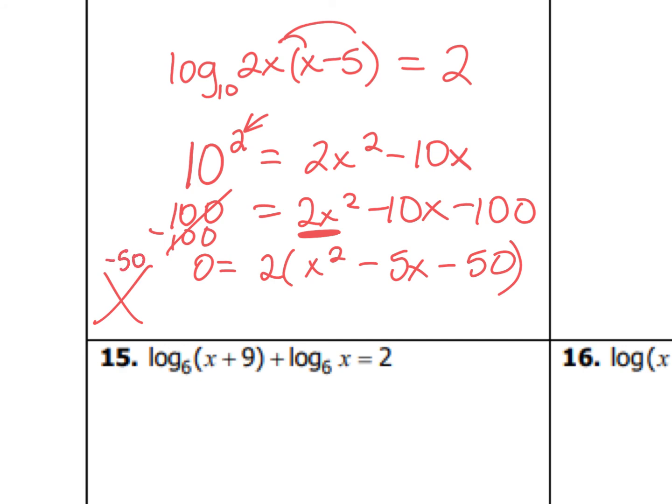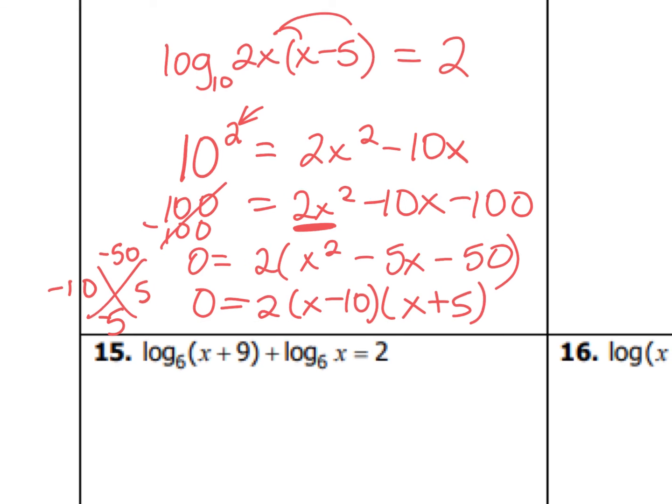Negative 50. Bottom, negative 5. Two things that will multiply to negative 50 and add to negative 5. Negative 10 and 5. Will the shortcut work? But I have to remember to keep my 2 out front. Cool. 2 times x minus 10 times x plus 5 equals 0.